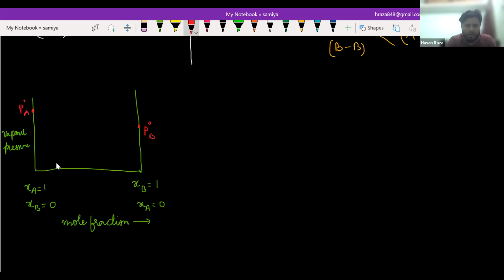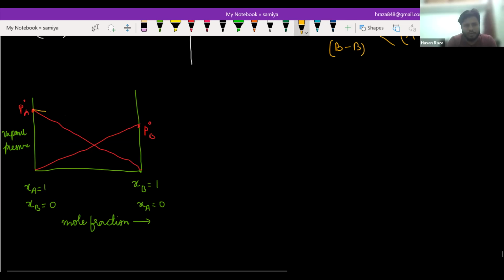Now, according to Raoult's law, we plot a graph like this and also like this. Now see, we are going to join this, so it will be the total pressure. This is the condition for an ideal solution.